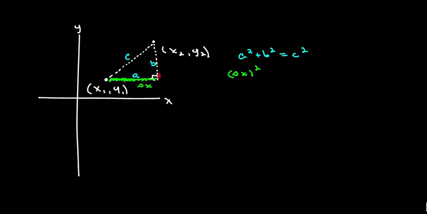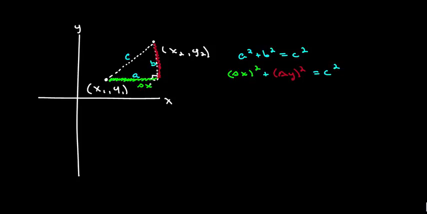Of course, this length right here is delta y. And C is the distance that we're looking for, so we'll say this is still equal to C squared.